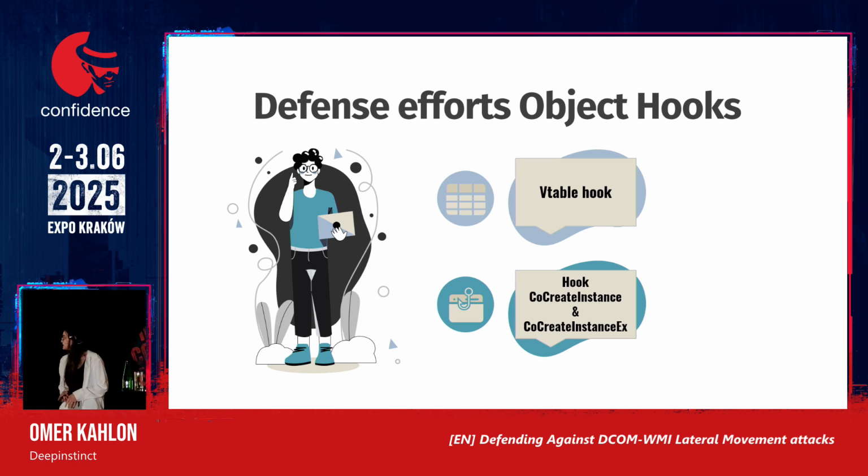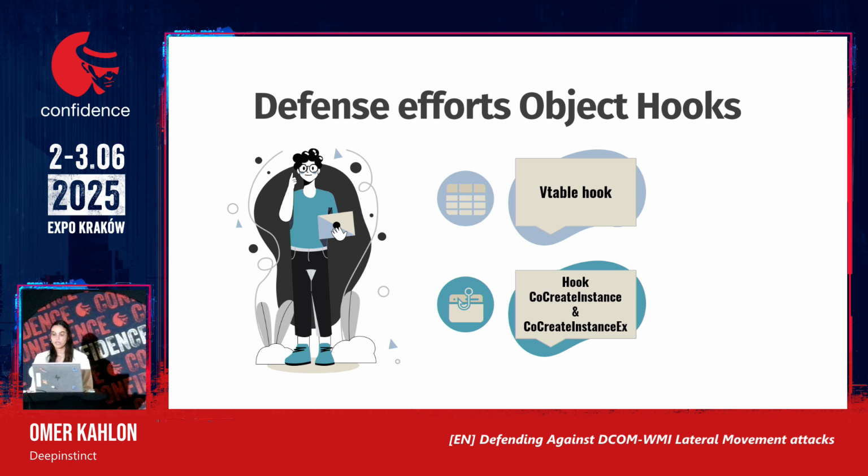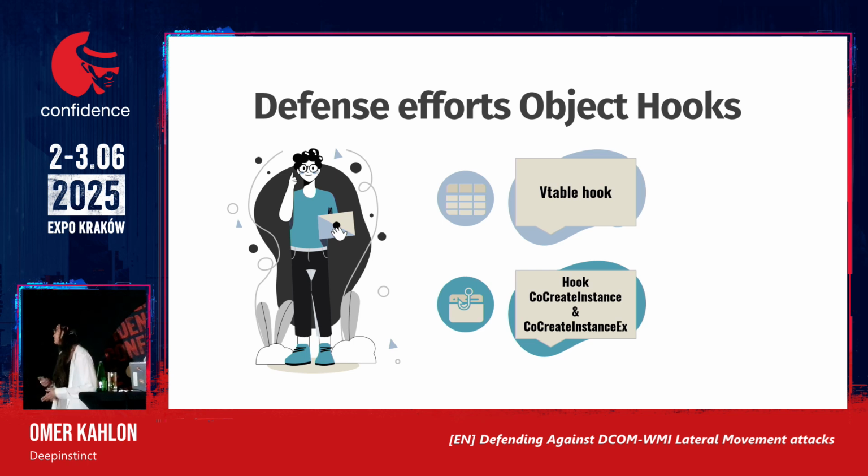By hooking these APIs, we can check these parameters, and if they match one of the objects we would like to monitor, which contains one of the methods we would like to monitor, we then redirect the method pointer inside the vtable to a pointer of our hook monitoring logic.